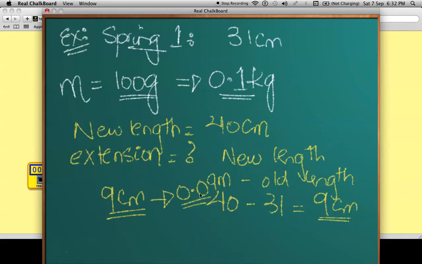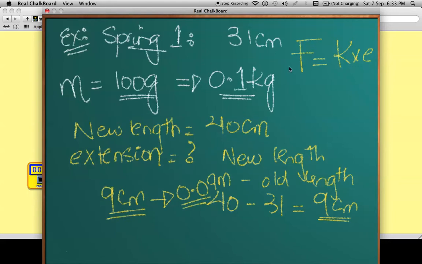So this is the scenario. This is the mass, and this is the extension. Now our formula of Hooke's law says F equals K times extension. We know the mass, but what is the force that the mass is applying? Whenever something is hanging onto something, it is the gravitational force that acts on that object, and that is the sole force.